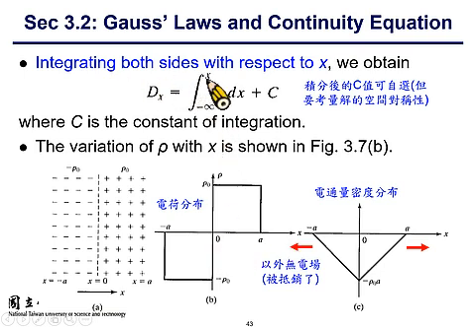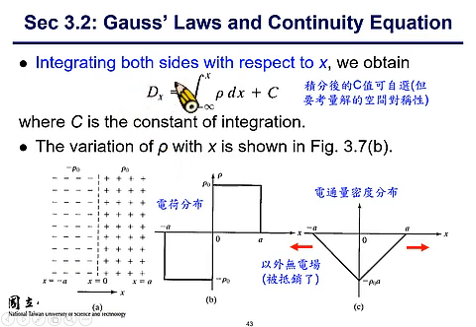So the integral result is this. If x is smaller than minus a, then you include no charge in the integral, so it's 0 between minus infinity and minus a.